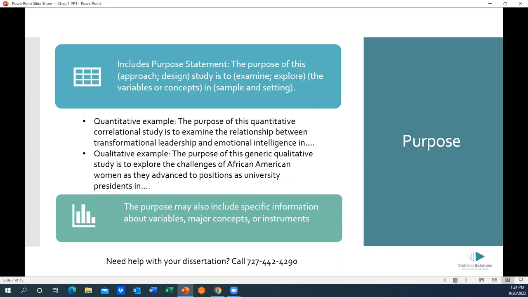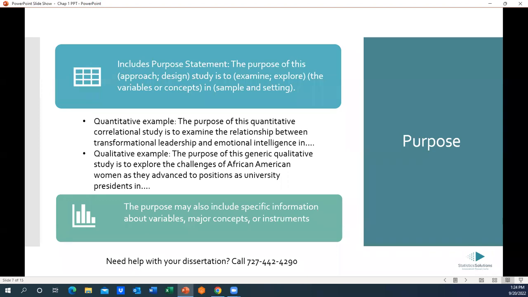And in whatever sample, you know, high school teachers in a Midwestern district, something like that. So in whatever sample or setting, that's the construction. The purpose statement is a nutshell of what you're doing in your study. It doesn't tell you why, but it tells you what you're doing.